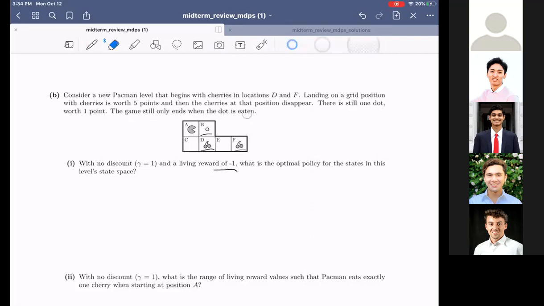The first question I'm going to ask you all is, what is the state space? Can we use the same state space as before? Thoughts?